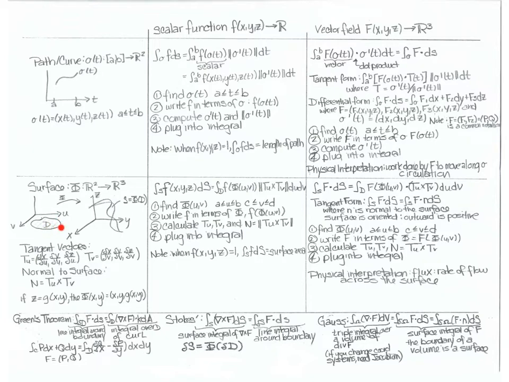It's sitting down in the UV plane, so it's flat, and then we have this mapping which takes it into three-dimensional space, maybe twists it around, maybe stretches it some until we get our surface.